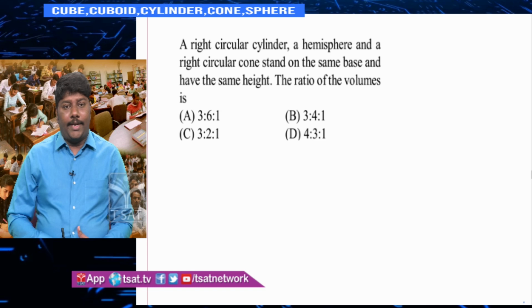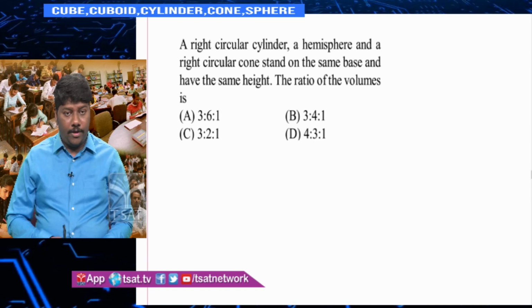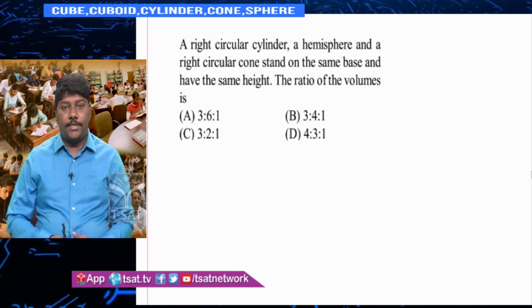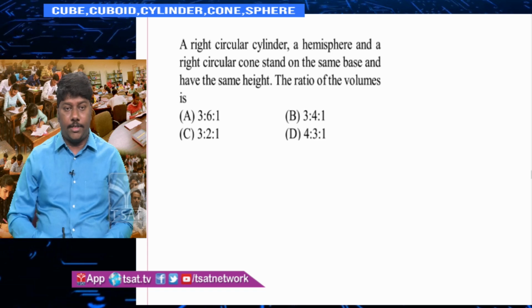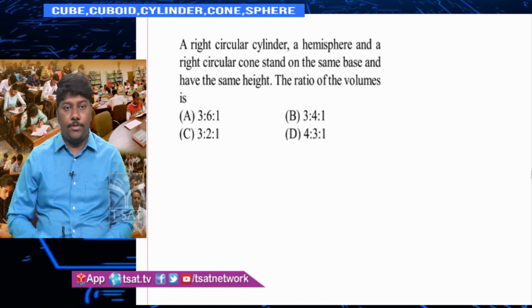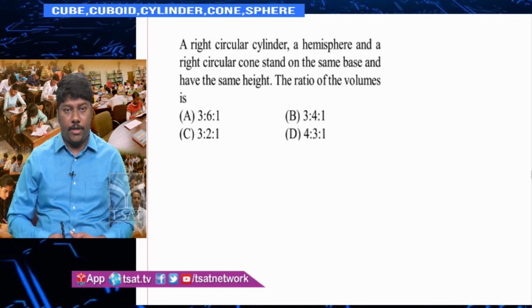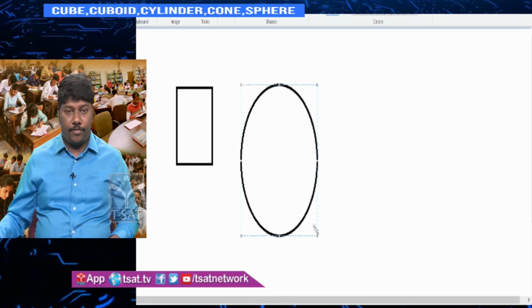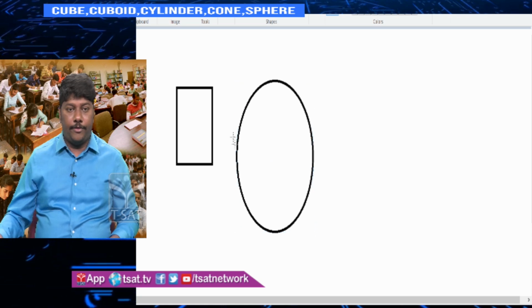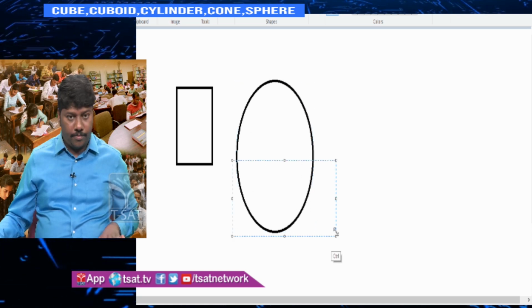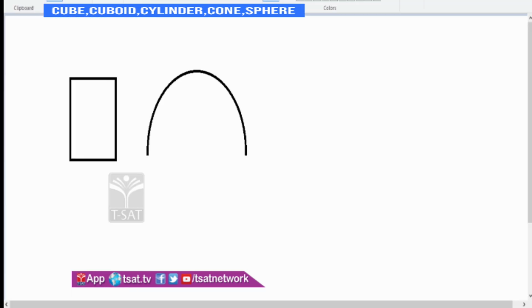Look at the next one. A right circular cylinder, a hemisphere and a right circular cone stand on the same base and have the same height. The ratio of volumes is, first of all, the right circular cylinder, the hemisphere and the right circular cone, because we only take half of the sphere. Then you take a cone.